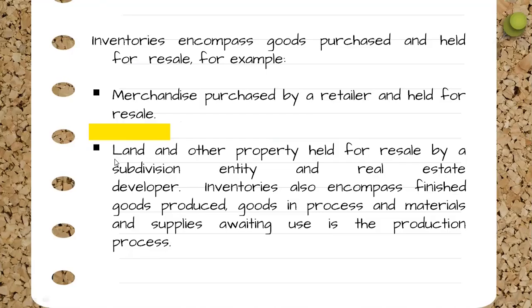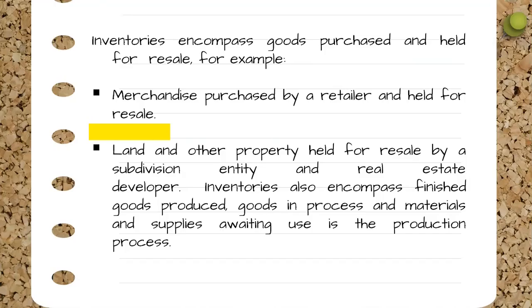Another example is land and other property held for resale by a subdivision entity and a real estate developer. So take note, class, that here it is land. We might think that this is property, plant, and equipment.